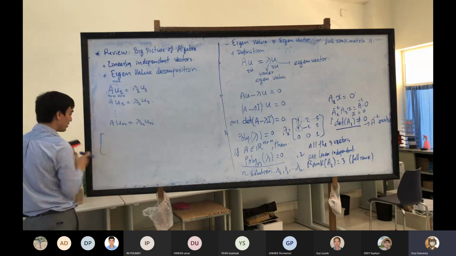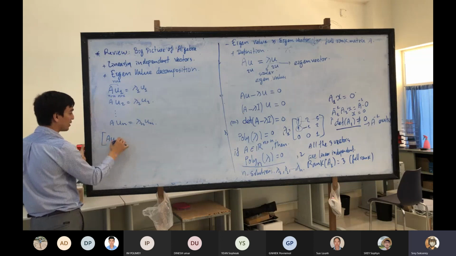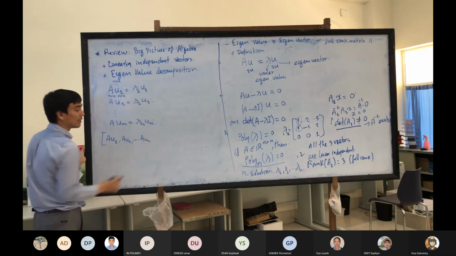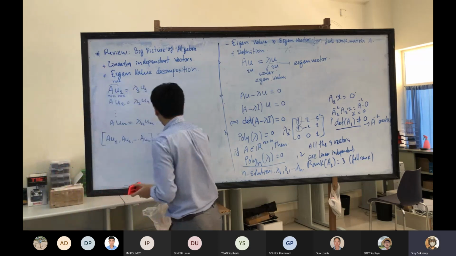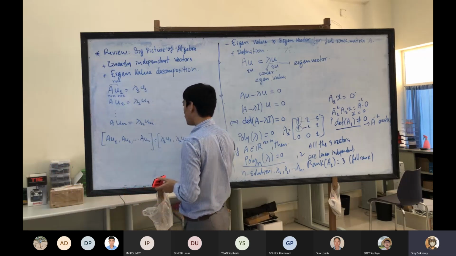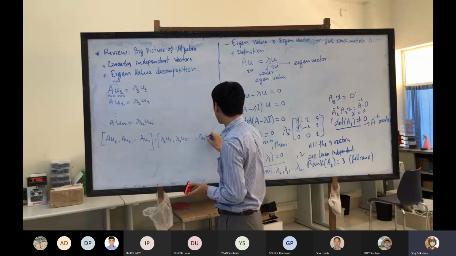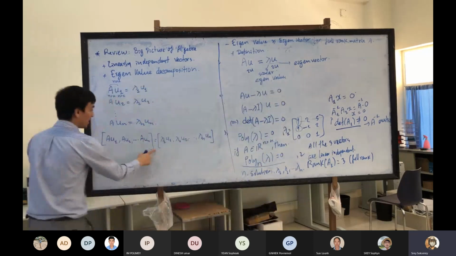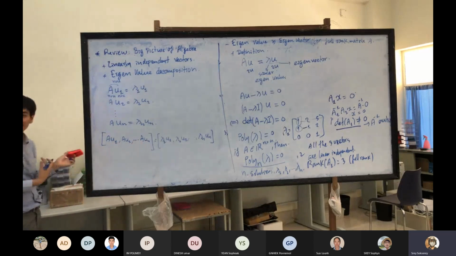So now I put it together. I have A U1, then A U2, then A Un, and this. And I have lambda 1 U1, lambda 2 U2, lambda n Un. Then what can I do with this? This is A. I can take A as a factor for me.